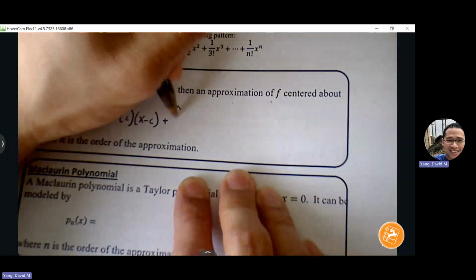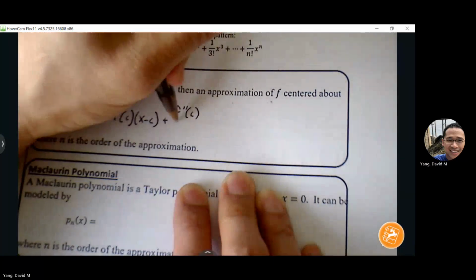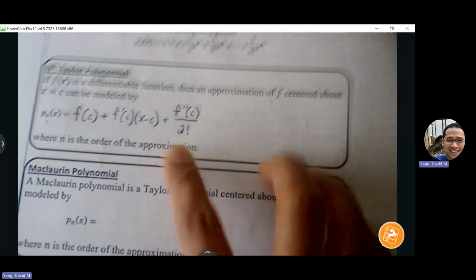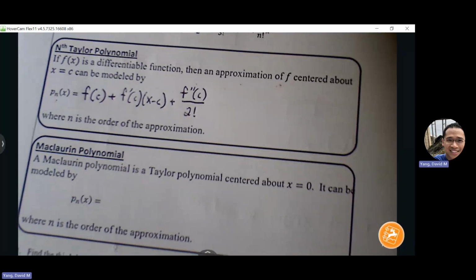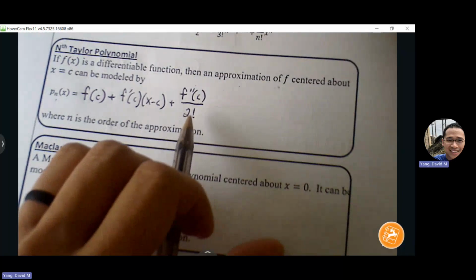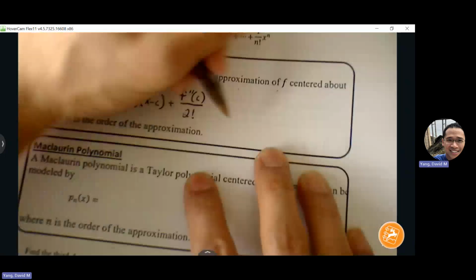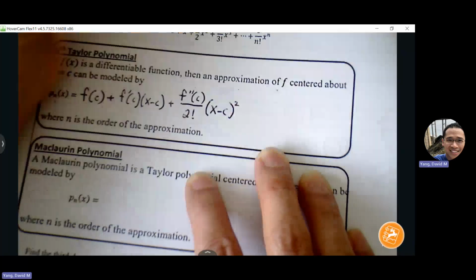So we're going to match the second derivative from the function over 2 factorial. And that 2 factorial is going to allow for the derivative to kind of match with that factorial until it's ready for it to show itself. And then we have x minus c to the second.